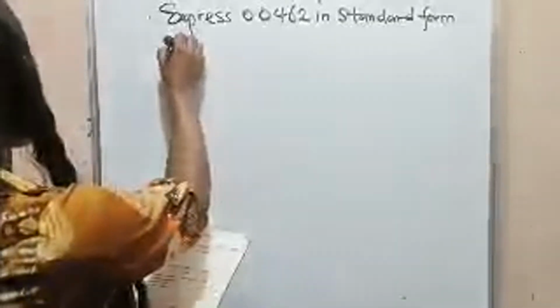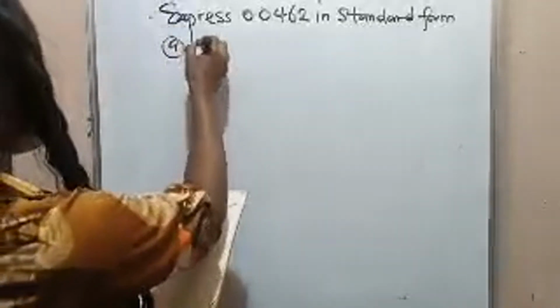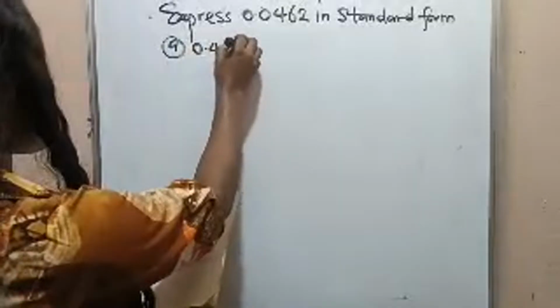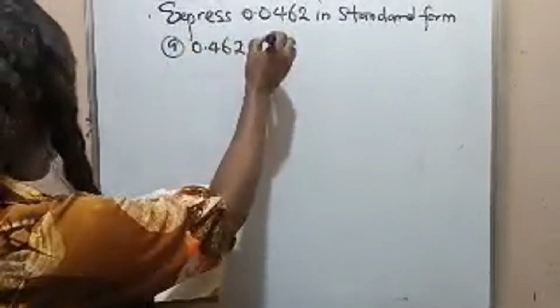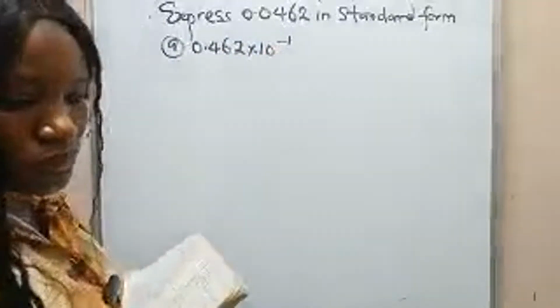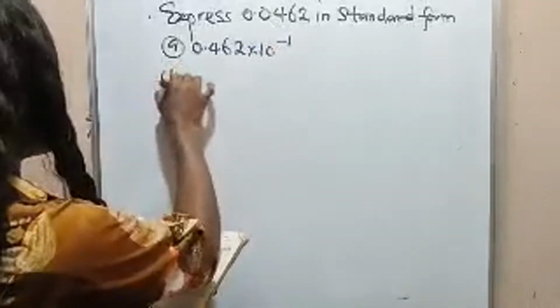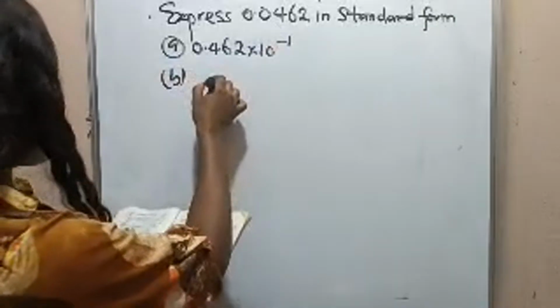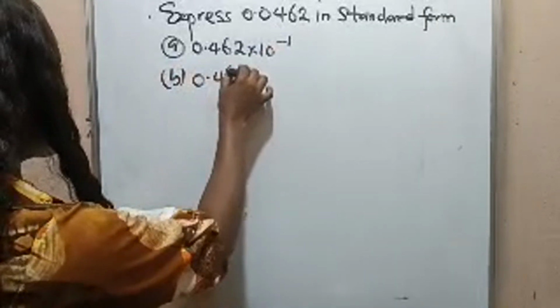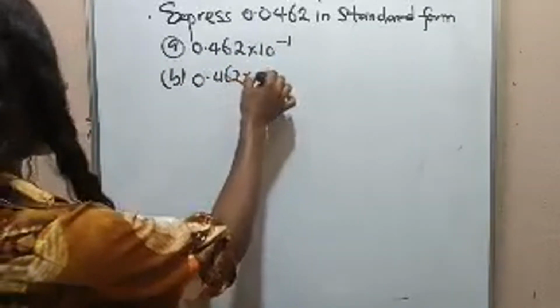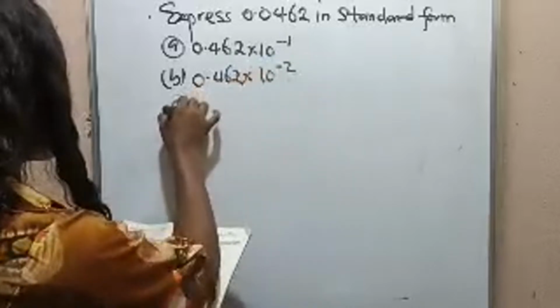These are the options. Option A, we have 0.462 times 10 to the power of minus 1. Then option B, we have 0.462 times 10 to the power of minus 2.